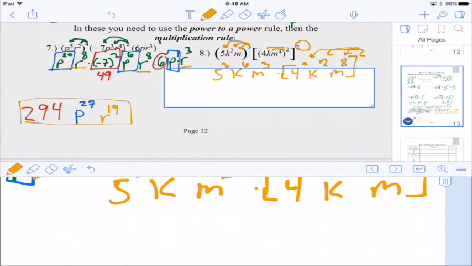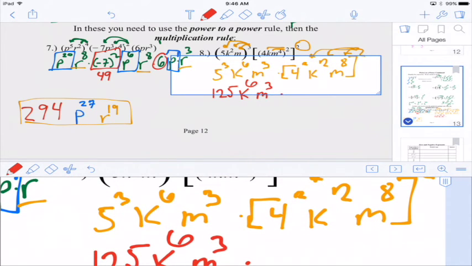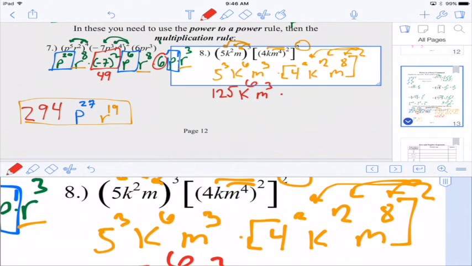I'm going to copy all my stuff from here down. So 5 cubed, which is 125. Might as well simplify that right now. K to the 6th, m cubed, times, well, now we have 4 to the 2 times 2 from here, which is 4.